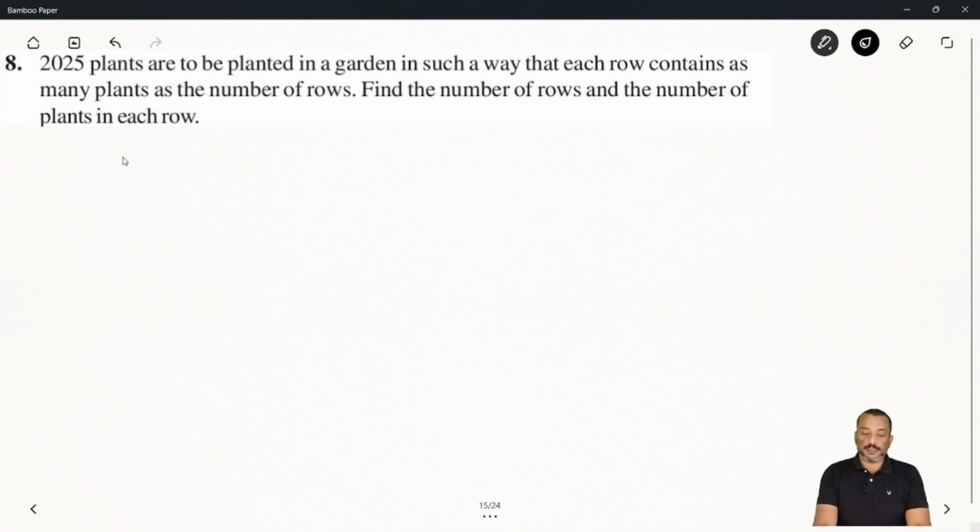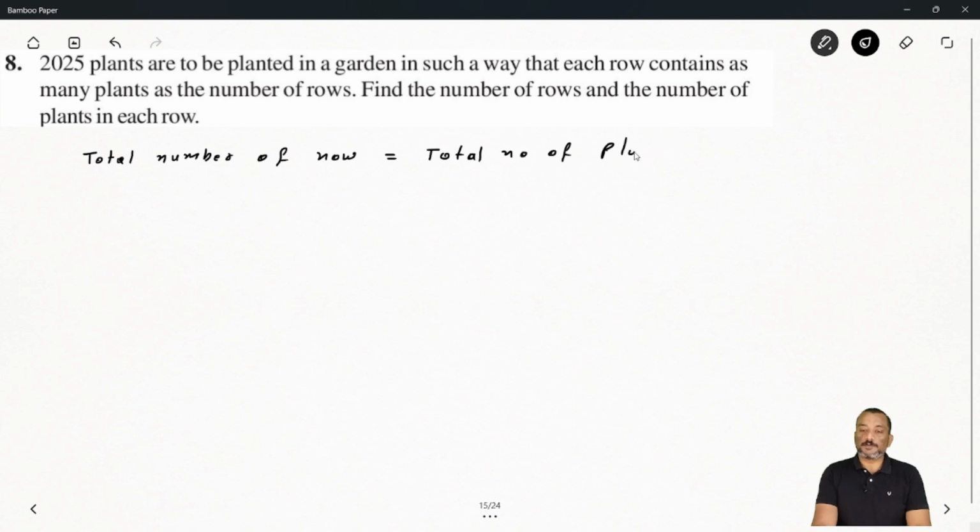So here we will say, the total number of rows is equal to the square root of the total number of plants.